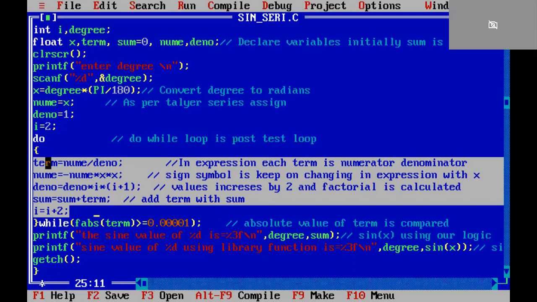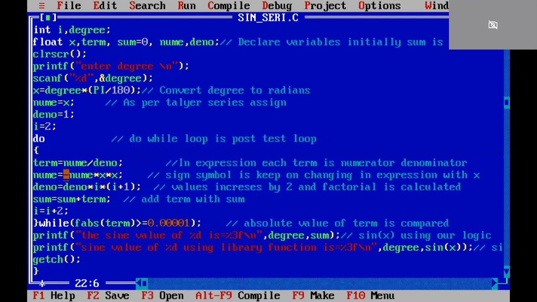As I said, this equation has a numerator and denominator that will be assigned to term in the expression. Coming to the second statement, we need to assign what the numerator is. Numerator is equal to, as I told you, numerator into x. What is the use of this minus?